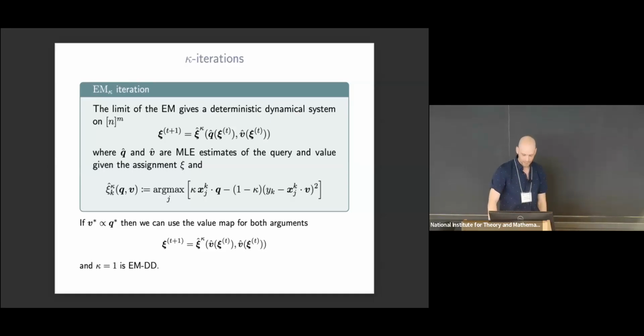And what's also interesting to me is that the algorithm I showed before, which I don't think I mentioned, is called the EMDD algorithm for reasons that aren't so important. The EM algorithm I showed before is actually not a special case of this. So that's another interesting thing here: the algorithm people have been using as the limit of the EM is not actually the limit of the EM.